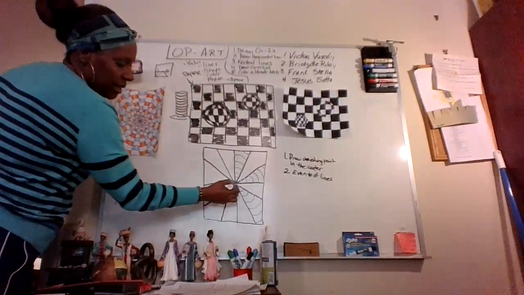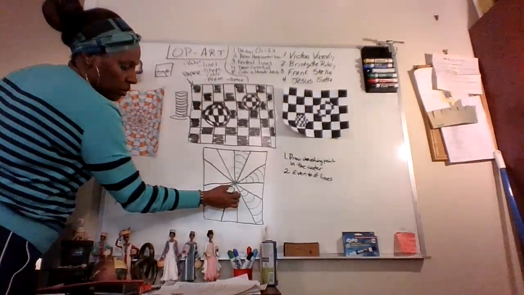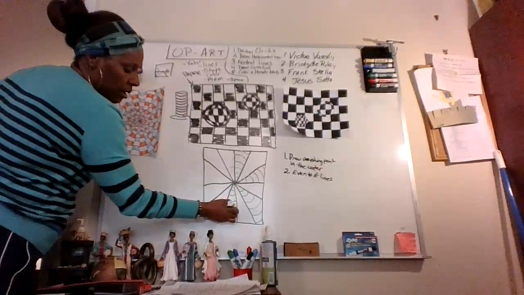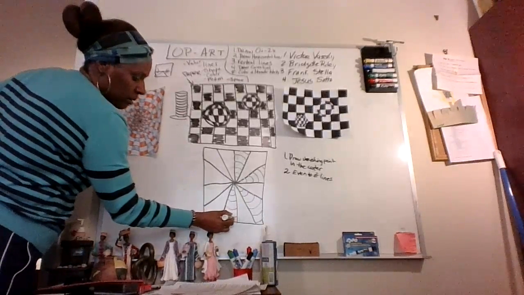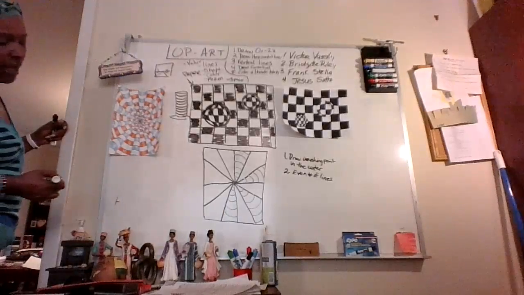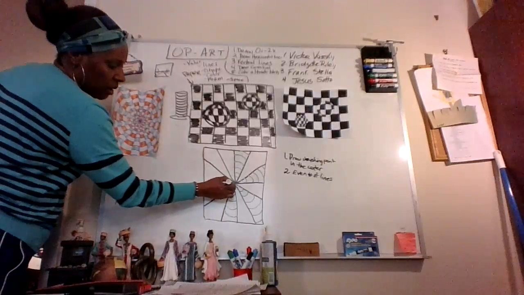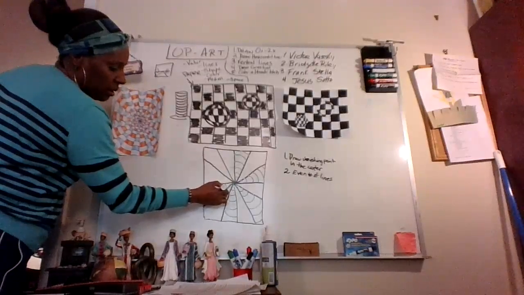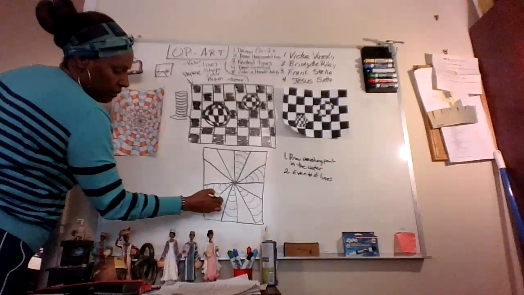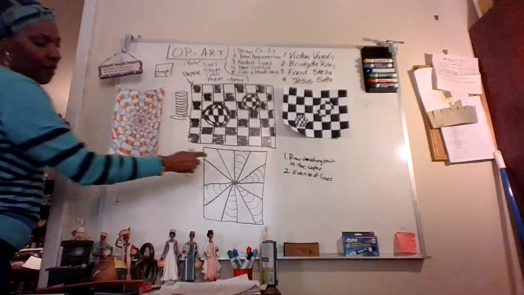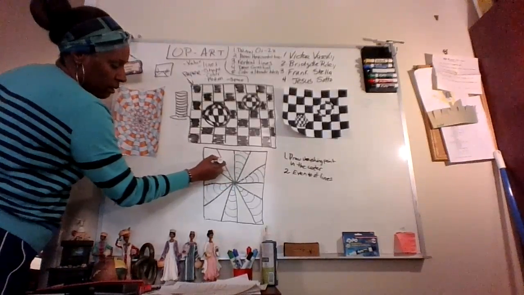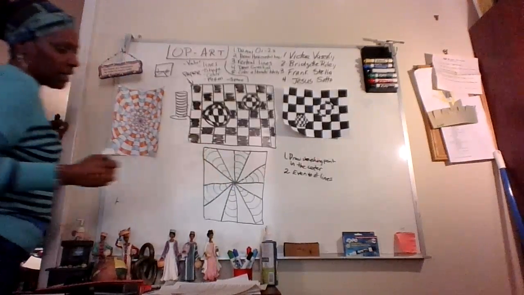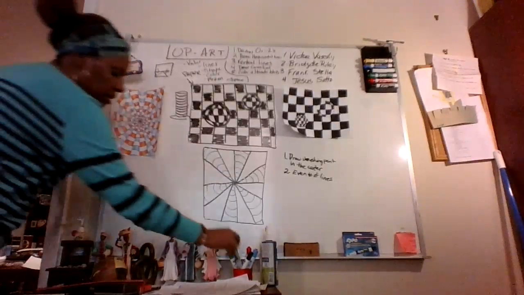Skip this one, come to this one. 1, 2, 3, 4, 5, 6. Actually, I'm going to erase that one and redo it. Skip this one, come to this one. 1, 2, 3, 4, 5, 6. And I have one more. 1, 2, 3, 4, 5, 6. So let me zoom in so you can see up close what that looks like.